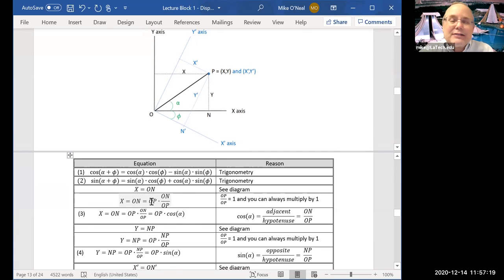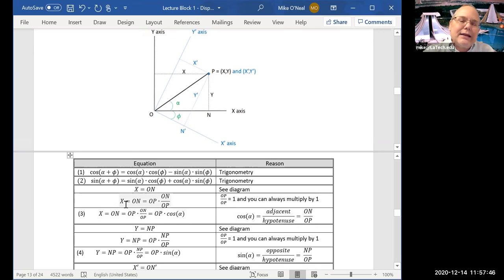Well, maybe Mike is crazy, but he had a reason for doing this, because what is the definition of cosine of an angle? The cosine of the angle is the adjacent over the hypotenuse. The cosine of alpha is the adjacent, which is ON, over the hypotenuse, which is OP.